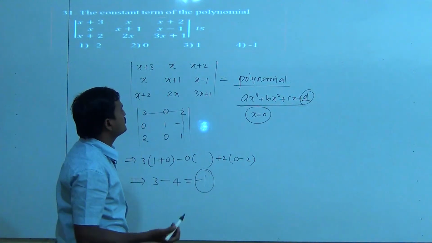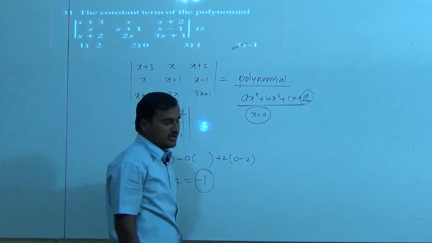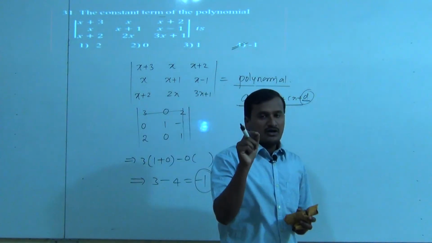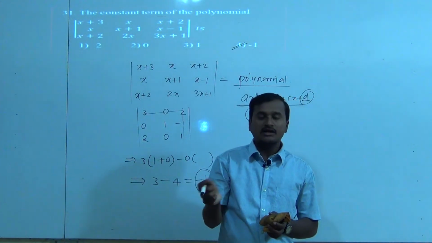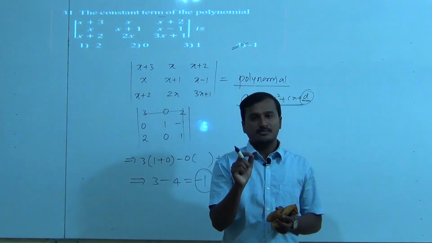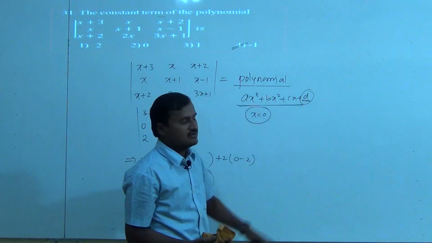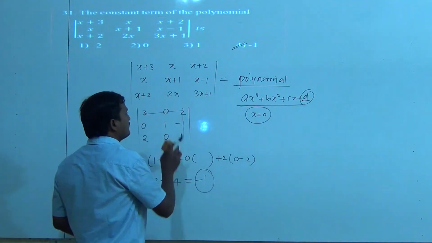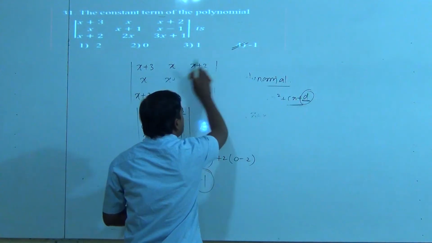Therefore the fourth option is the right one. For any polynomial, just replace x by 0 and you directly get the constant term. So for this question, minus 1 is the constant term.